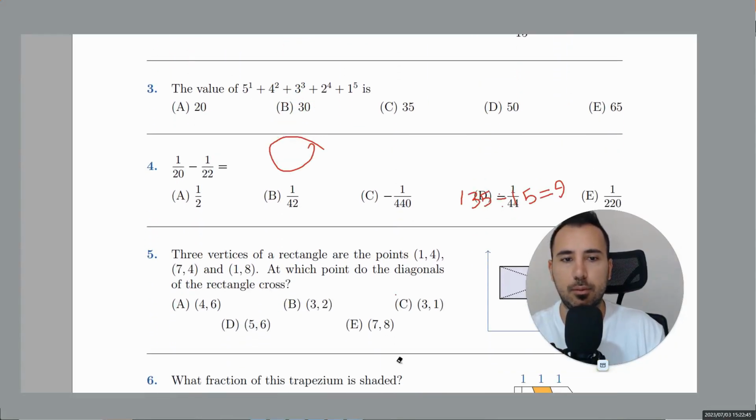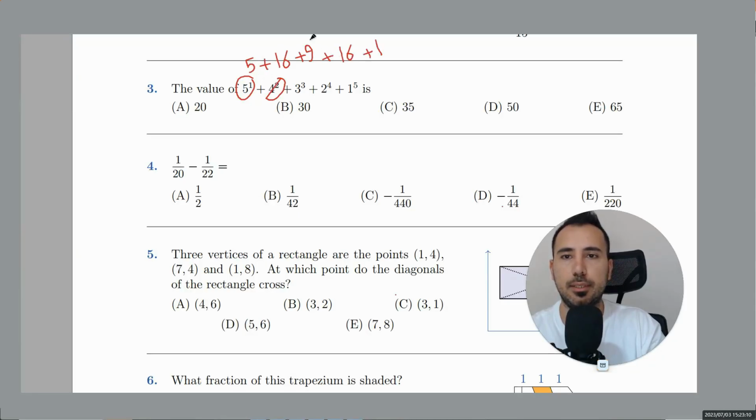So question 3. What is this value? This would be 5 plus 16 plus 9. So far it is 30, plus 16 plus 1.